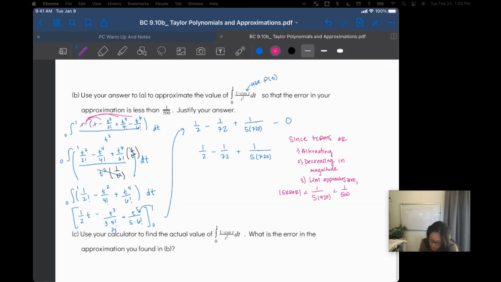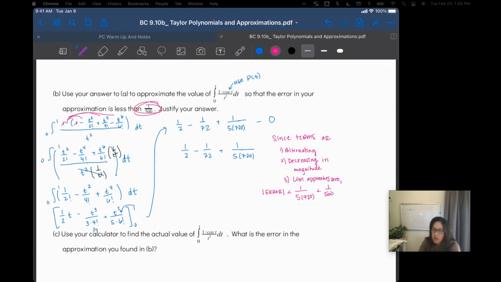So we're looking for the first term that will give us an error that is less than 1 over 500. So when I look at these terms, I'm like, 1 over 72 is not less than 1 over 500. But 1 over 5 times 720 is less than 1 over 500. So that is our error. So our error is less than this value. Okay, so we're good there. It's already smaller than 1 over 500.